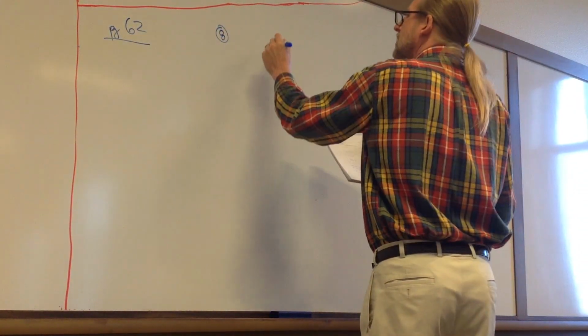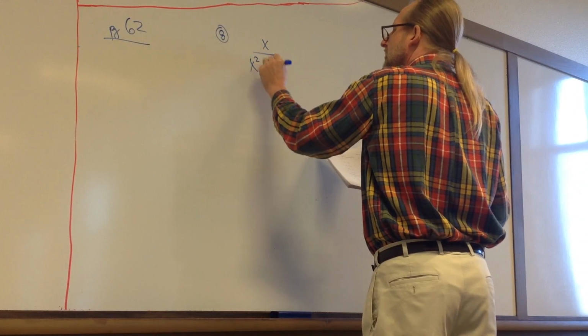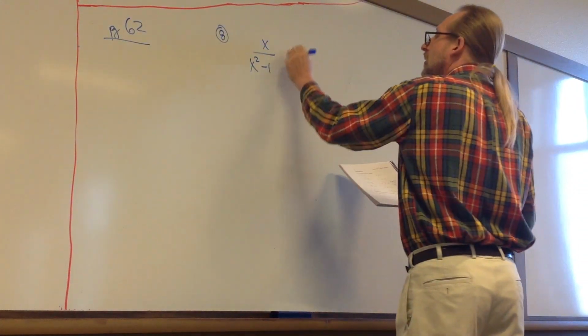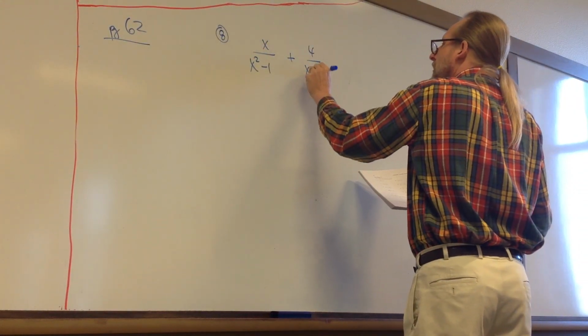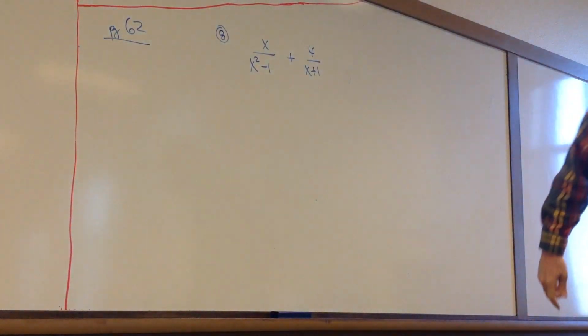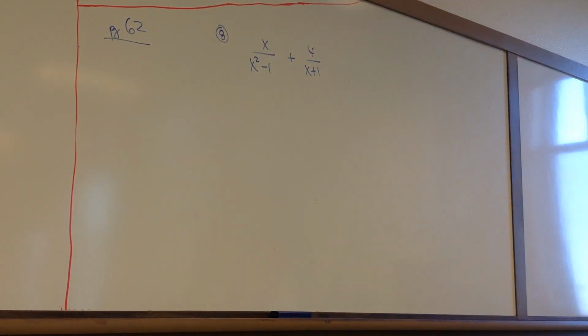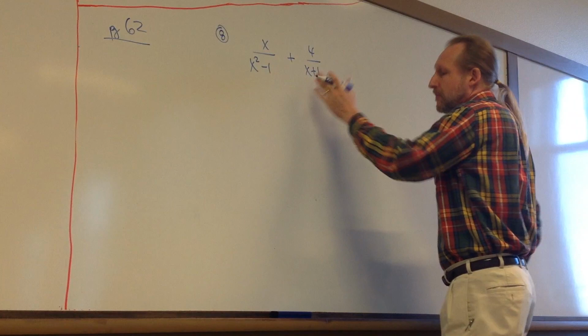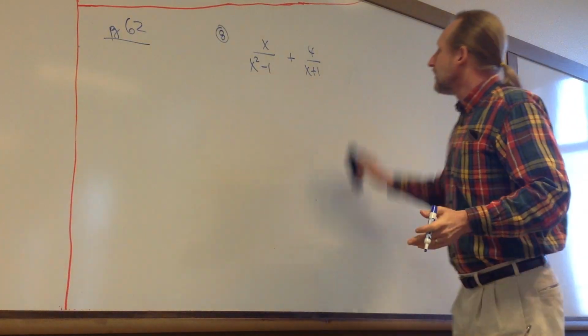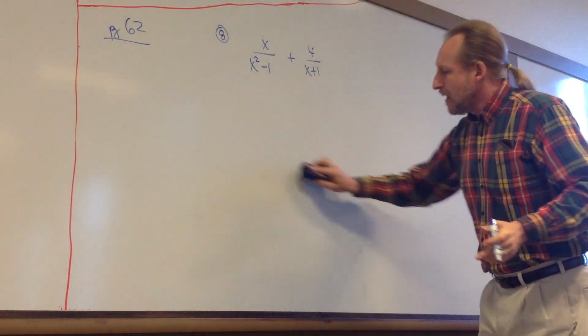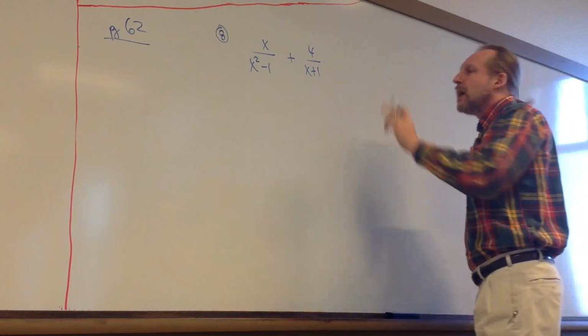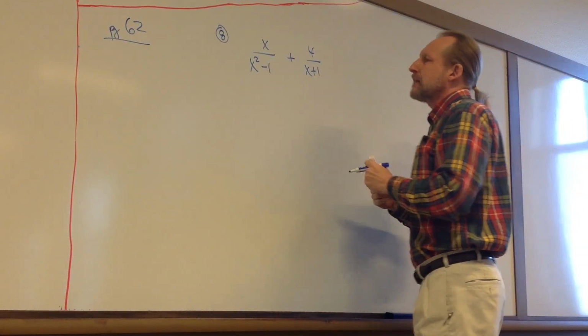Problem 8 is x over x squared minus 1 plus 4 over x plus 1. Okay, so this denominator is prime. There's no factorization that we can do here. But notice that the other denominator is not prime.